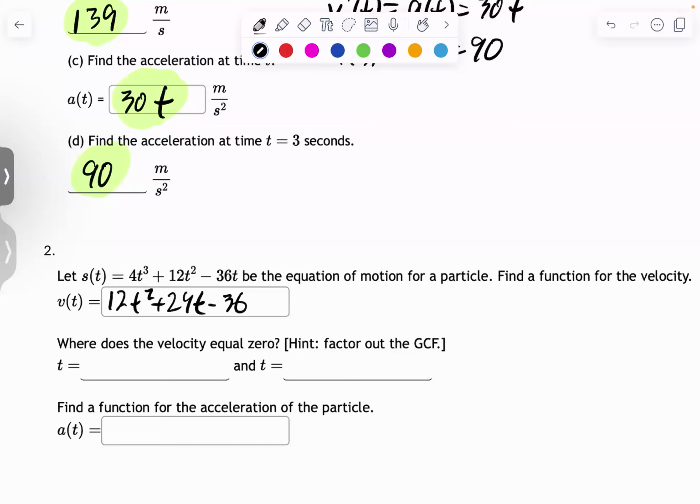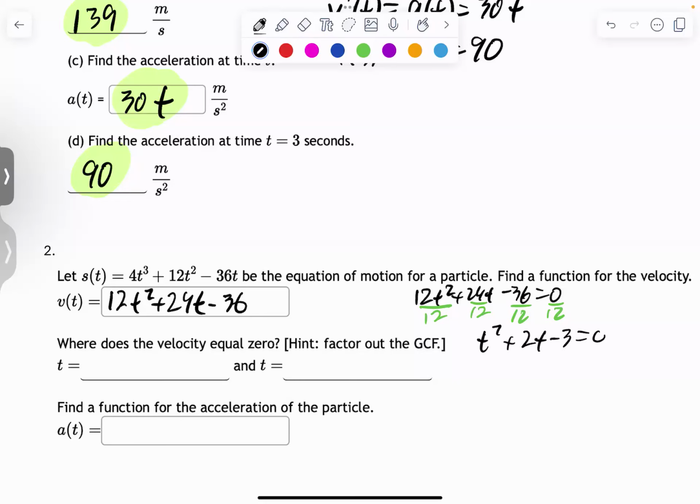And where does the velocity equal 0? That's going to be 12t squared plus 24t minus 36 equals 0. And I'm actually going to divide through by 12 to keep it simple. So t squared plus 2t minus 3 equals 0.